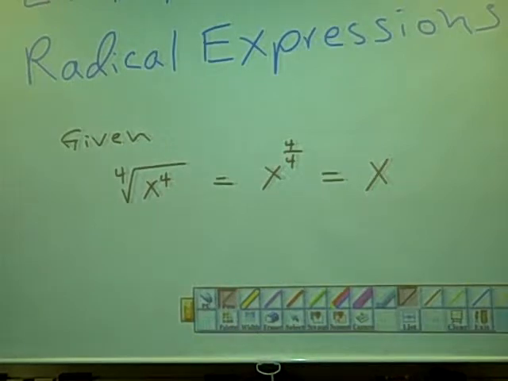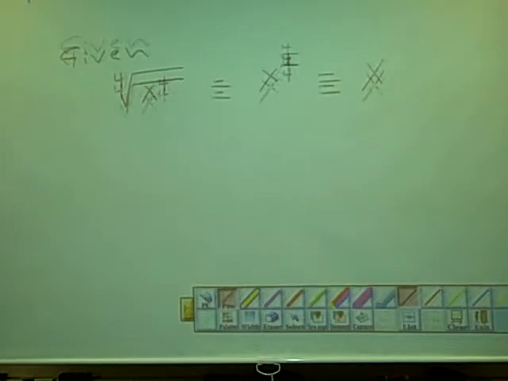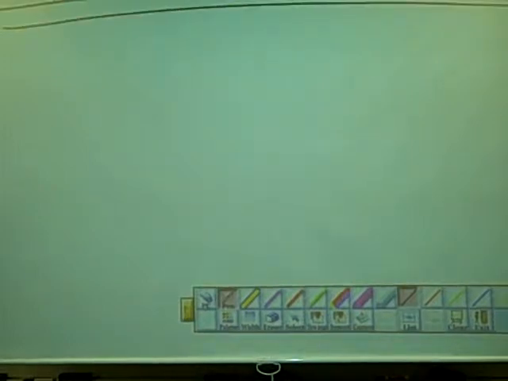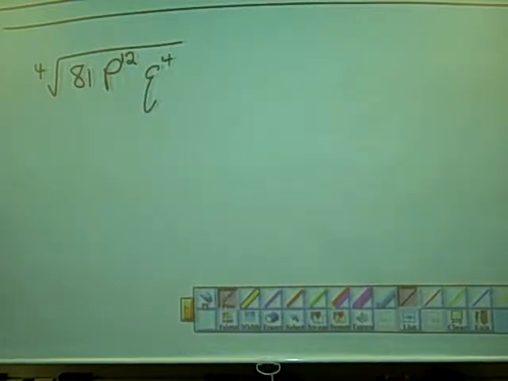Okay, so let's say that we have something with some additional terms to it. Like, let's say that we have the fourth root of 81 p to the 12th q to the 4th.